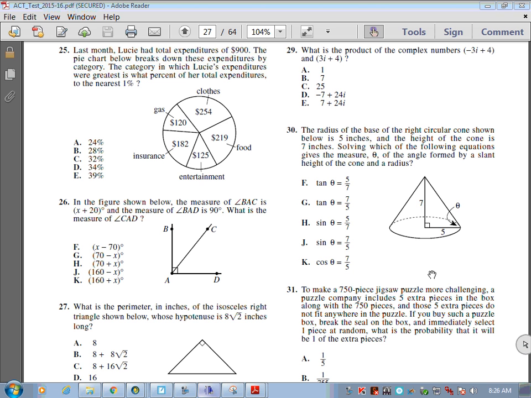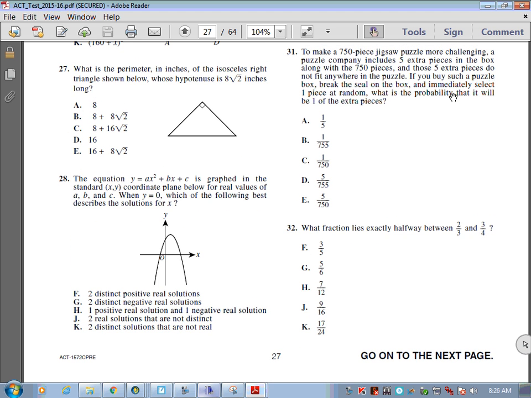Let's see, 31 and 32. Probability question here. To make a 750-piece jigsaw puzzle more challenging, the puzzle box includes 5 extra pieces. So how many total pieces are there now? 755. How many extra pieces are there? 5.